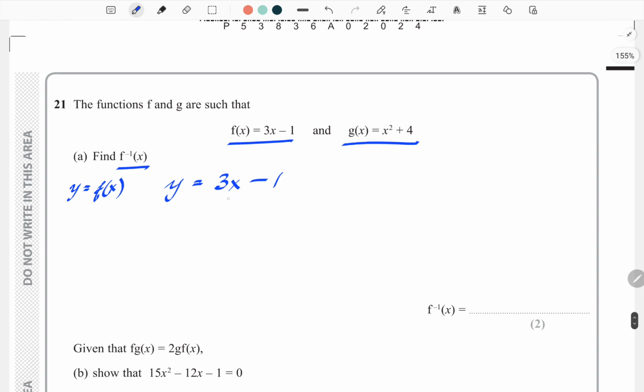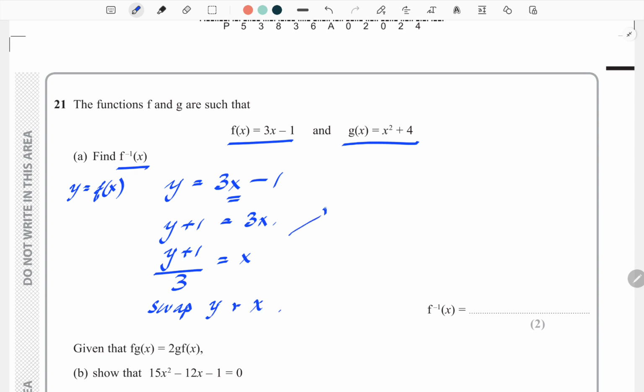Then we want to rearrange it and try and get x on its own. So you get y plus 1 equals 3x. So y plus 1 over 3 equals x, all right? And now swap. Yeah, you're not going to write that in an exam, but just put swap y and x.